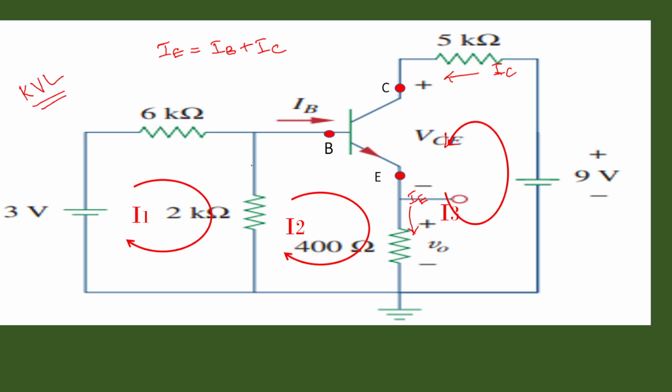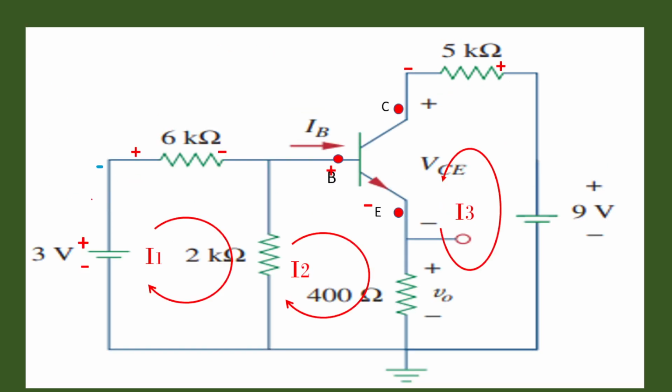Now we are going to apply the polarities. This would be plus and minus, we know already. We have taken the current flowing in this direction, from positive potential to negative potential. That's why we have marked it like this.